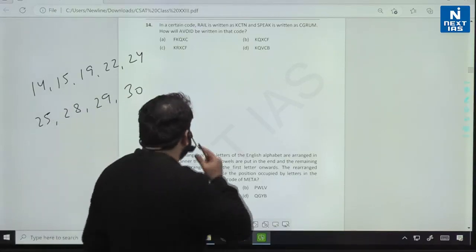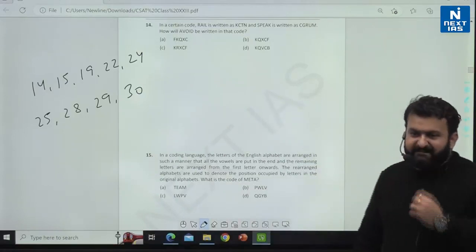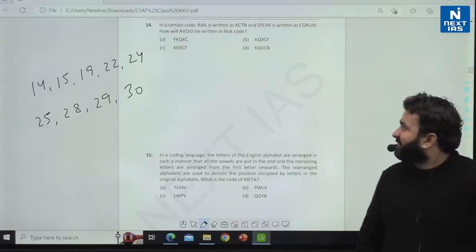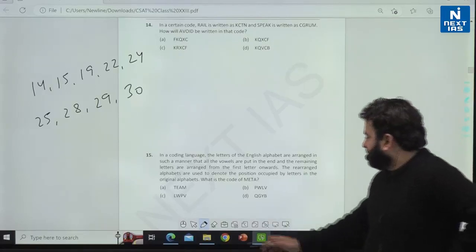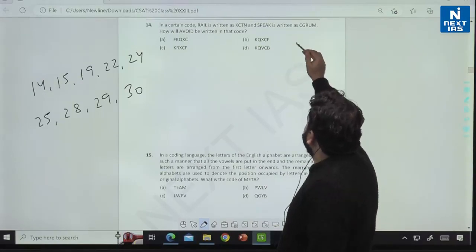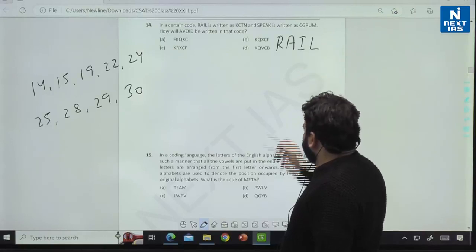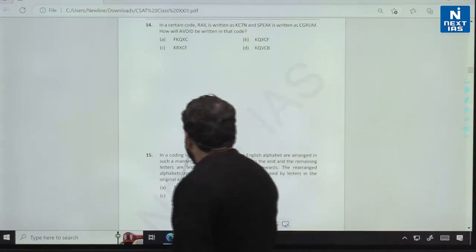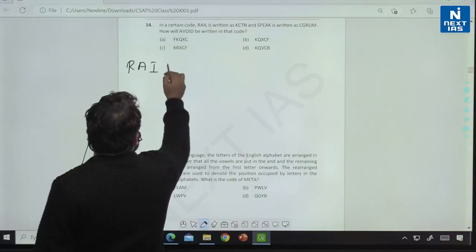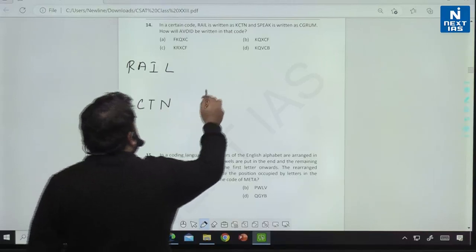Done, all of you? Question number 14, what is the answer? No answer given here. In this case, rail is written as KCTN.